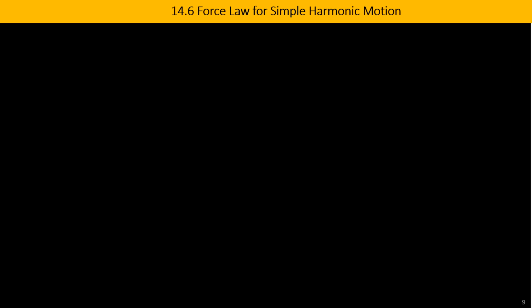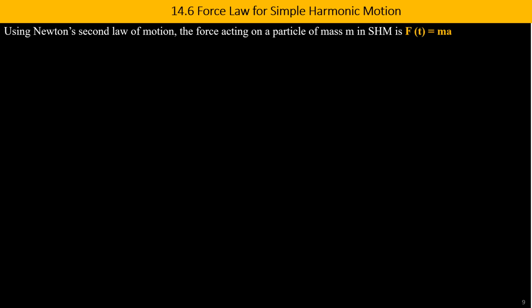Force law for simple harmonic motion. We know that Newton's second law of motion gives the relationship between force, mass and acceleration. That is, force is equal to mass into acceleration. In simple harmonic motion, force is proportional to the displacement. That is, f of t is equal to minus k into x, where f is the force, k is a force constant, and x is the displacement.